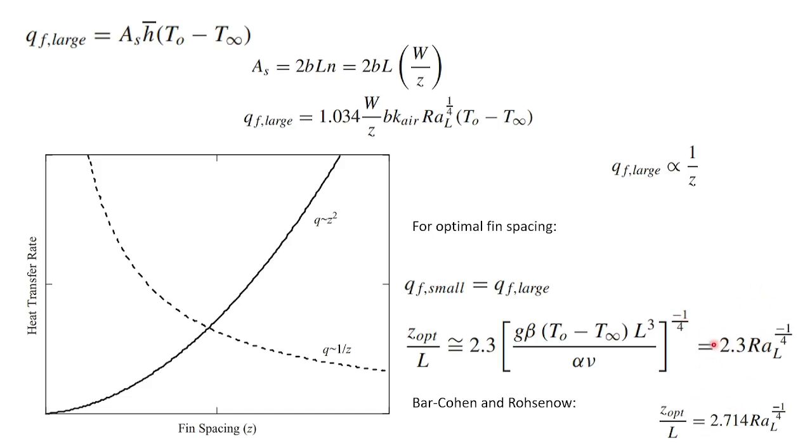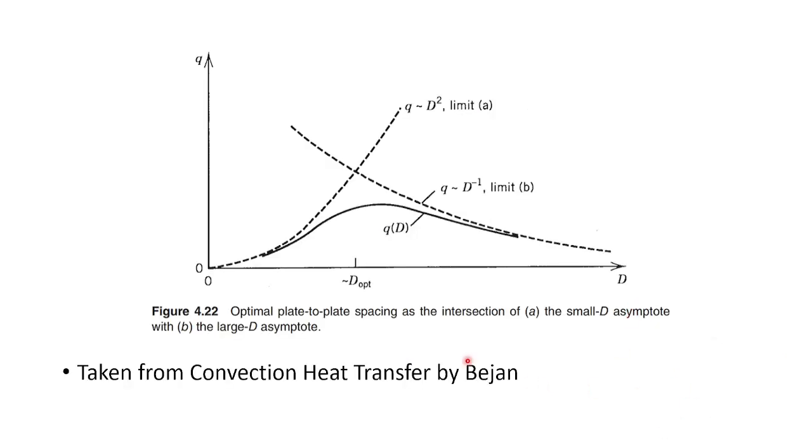And I just want to show you something else. I had shown you in the last class that this is from another book. This is from the book by Bejan, and here instead of Z he uses D, and Q, the heat transfer, is proportional to D squared for small channel.